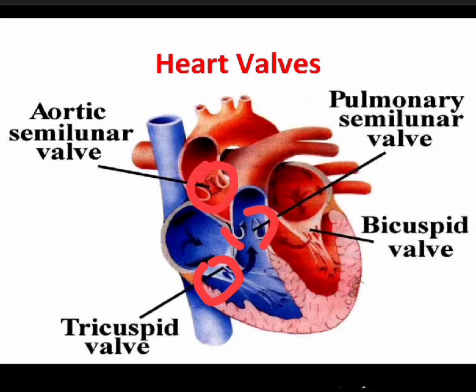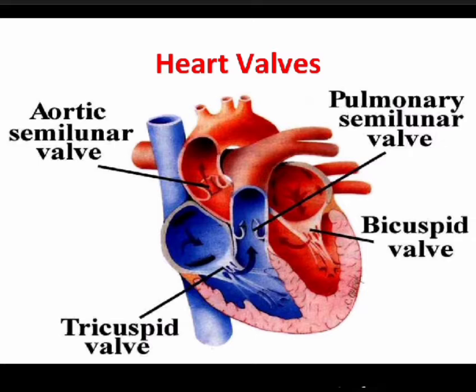And like I said earlier on, if you look at the direction of the blood flow, anytime blood flows in this direction, it forces the valve to open. Then afterwards, if the blood should try to flow back, it is going to cause the valve to close, and at the end of the day, blood is not allowed to flow back. Anytime blood flows against the direction it's supposed to move, it is going to cause complications in the heart.